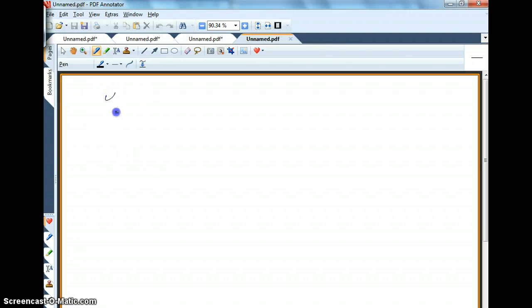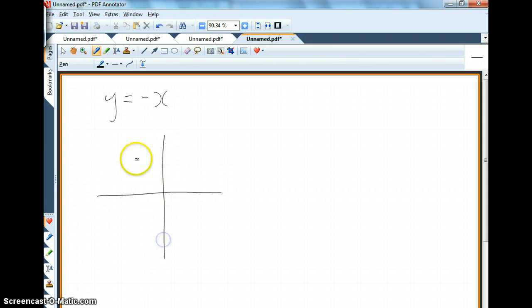Okay, if you refer, this is the line y equals minus x. Remember, that's that line there. It's the line y equals x reflected in the x-axis.